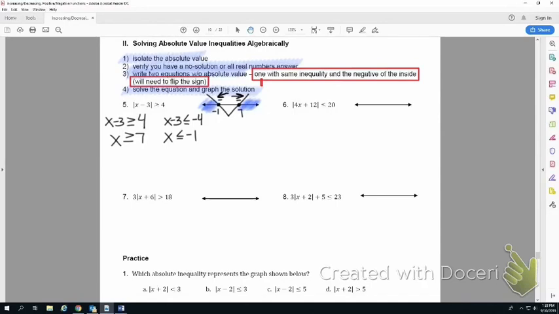Number 6. So, Chris, 4x plus 12. And then what's going to go with the positive 20? What inequality is going to go with that positive 20? Greater than. What's in the original problem? 4x plus 12. What inequality is in the original?